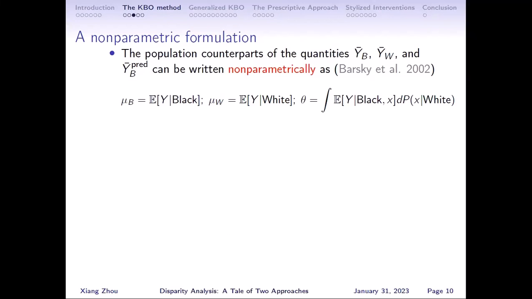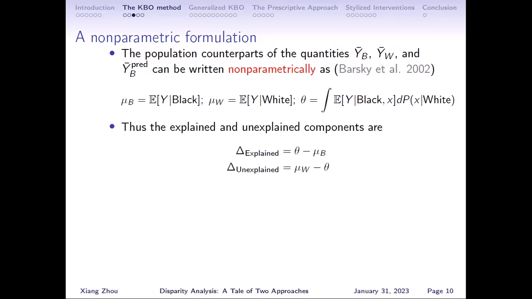And the last, the predicted value of outcome, can be written as the conditional mean of the outcome among Black students given family income, then marginalized over the family income distribution among white students. This quantity is non-parametric, not depending on a linear model. So the explained and unexplained components can be expressed as the difference between theta and mu B, and the difference between mu W and theta.